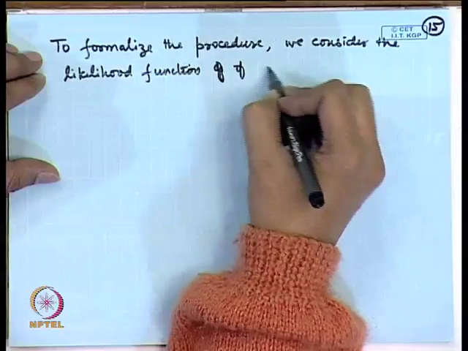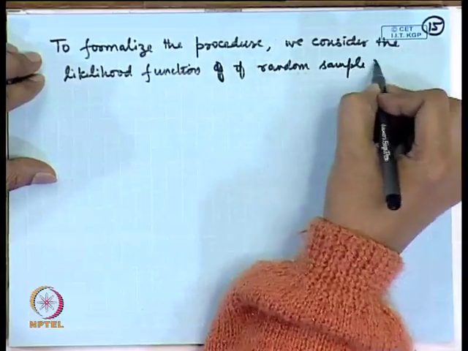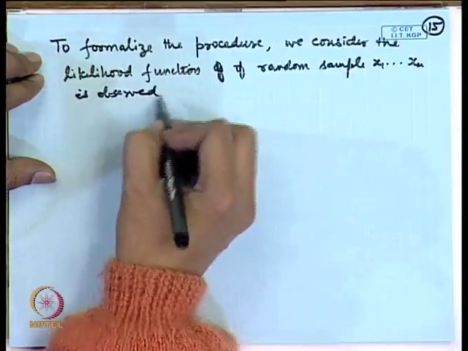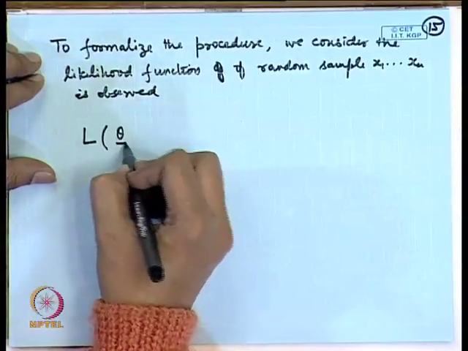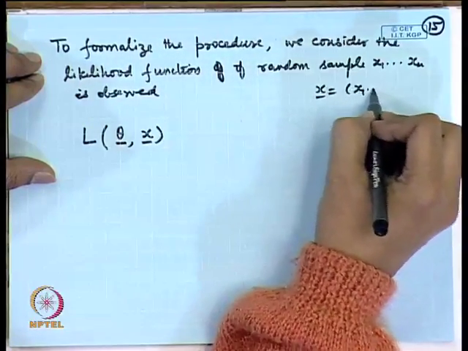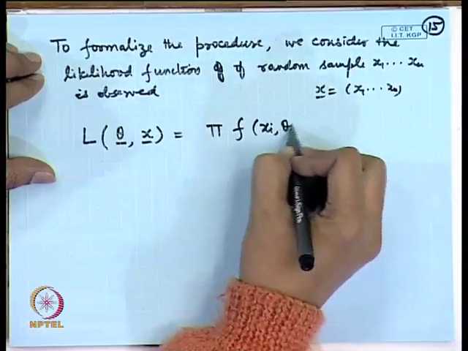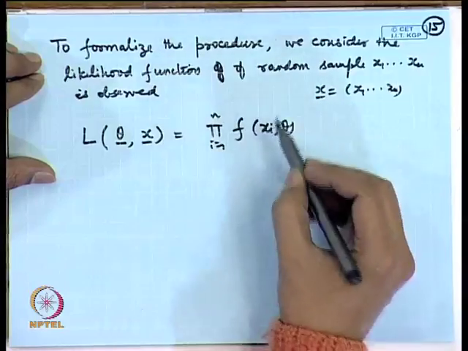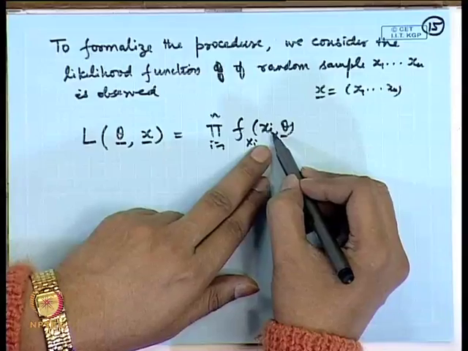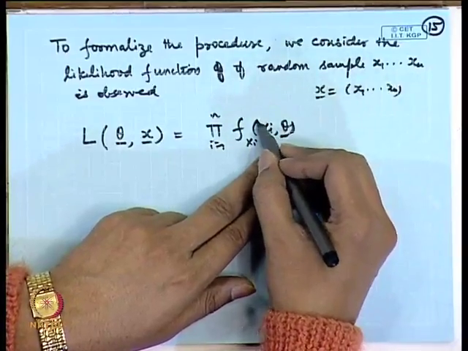So, if a random sample x 1, x 2, x n is observed, then the likelihood function, which is actually a function of theta and of course x, where x is x 1, x 2, x n, is the joint density function of x 1, x 2, x n, evaluated at the points x 1, x 2, x n, which are the observed values. So, I am considering it as a function of theta.